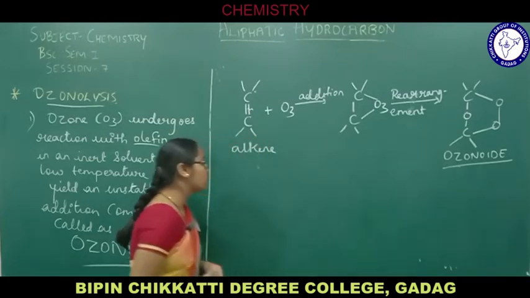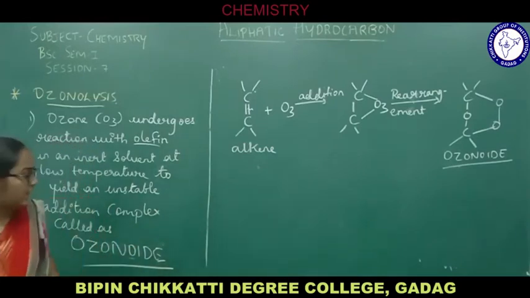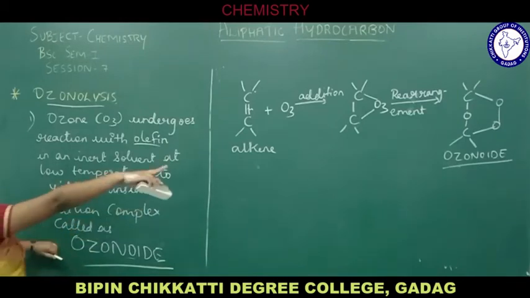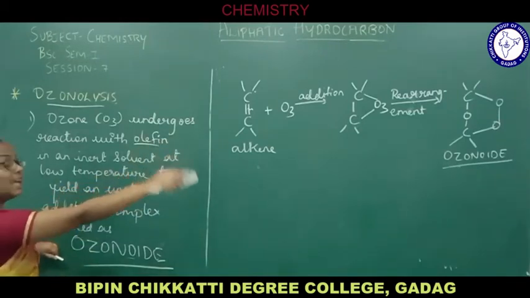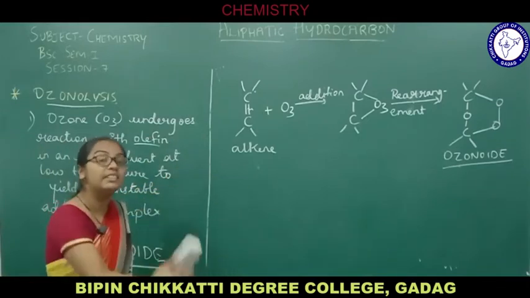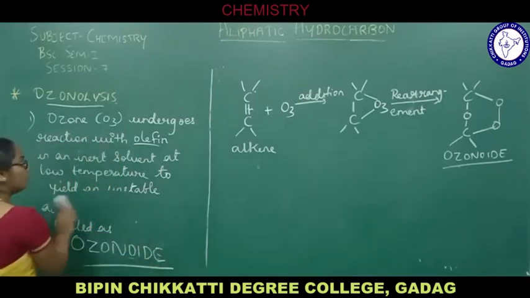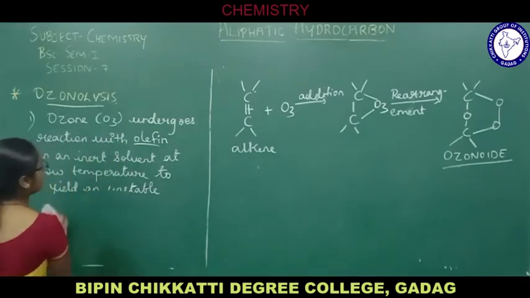Now whatever ozonoid has been formed, let's write it down in statement form again. Till this I think you guys have understood. The ozonoid formed will not stay in that manner. It will undergo further reaction with another component. So with which component will it react? Let's see that.